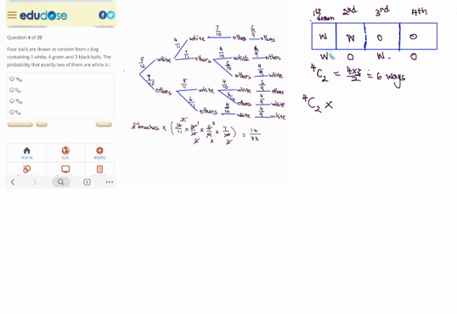The probability of W1, times the probability of white in the second draw, then other color in the third draw, times other color in the fourth draw.